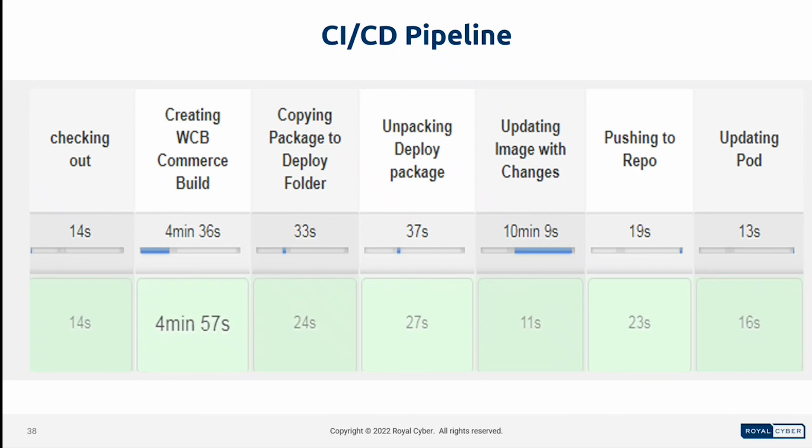After that, this package would be unpacked and then the images updated with the changes. After updating the images, they would be pushed to the repository and then our pods would be restarted with the new changes.